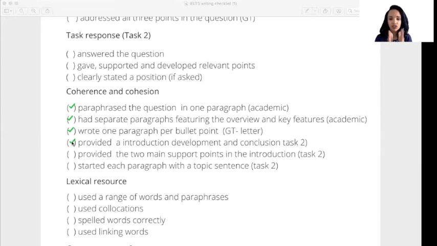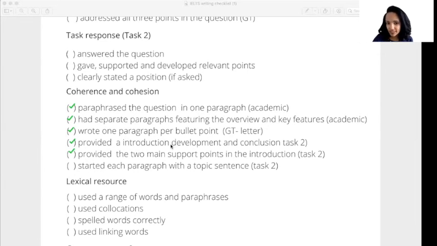And most important of all, your development paragraphs need to have a topic sentence. The topic sentence is the introductory sentence that tells your reader what your text is about. If you don't do that, your examiner's probably going to grade you down. So be careful.